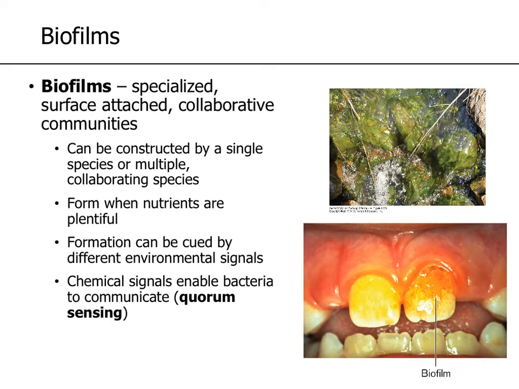But then also they are relying on each other to talk to each other, right? Because they're trying to form this community together. And so they do that through this mechanism called quorum sensing. So they use different chemicals to be able to talk to each other and figure out how many of your friends are already over there. So it's a way for them to measure cell density.